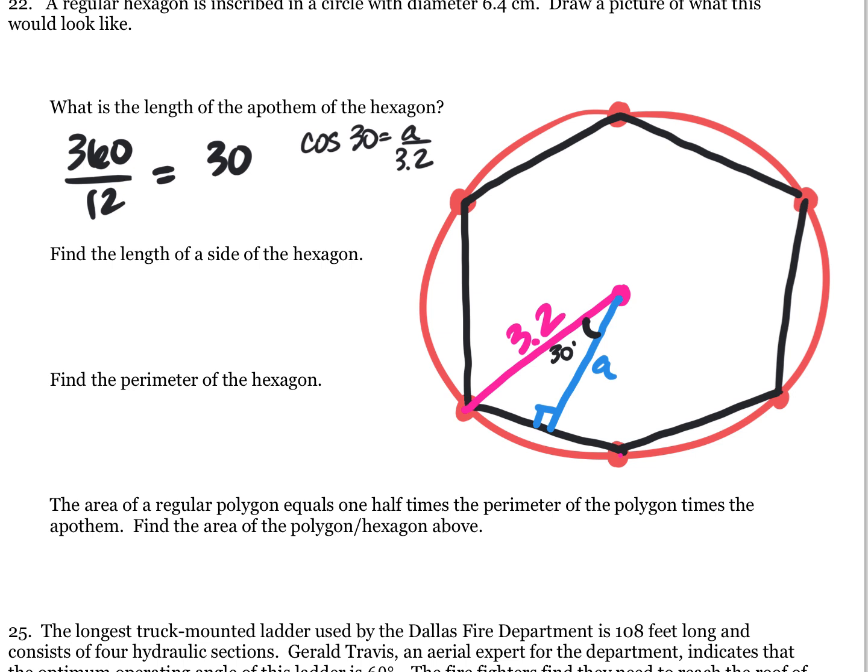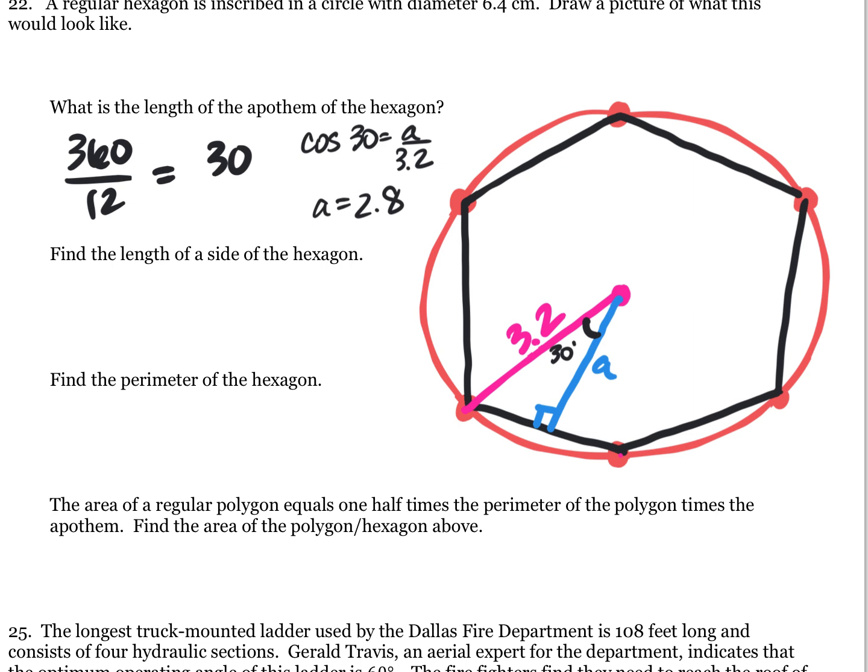Multiply both sides by 3.2. 2.8-ish. Okay, here's what I need everyone to do. Go get that value in your calculator so that we can use that for the rest of our problem. It's really important. If we type in 2.8, our estimations are all going to be off. We don't even have to store it. I'll show you how to use it.